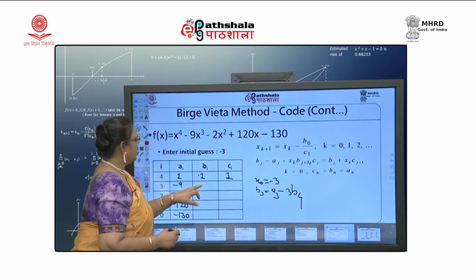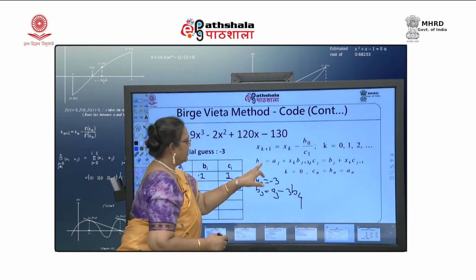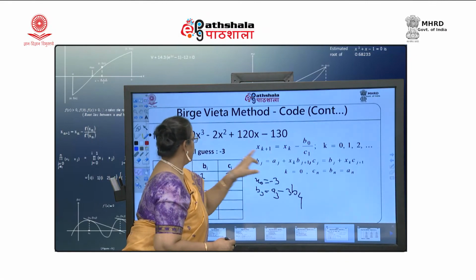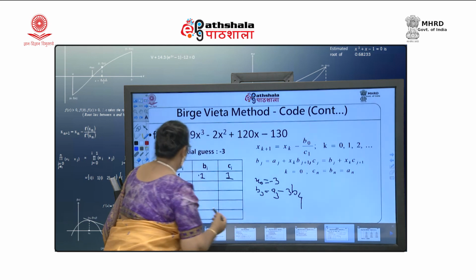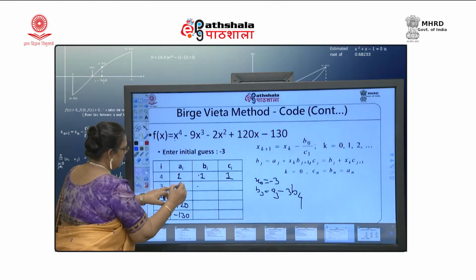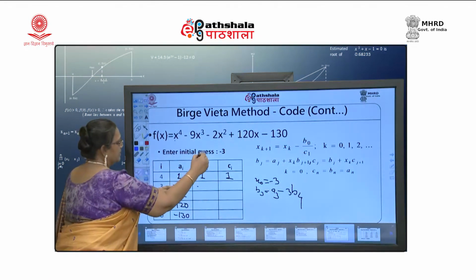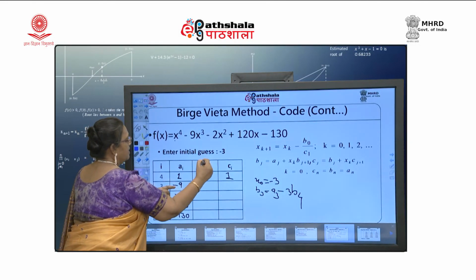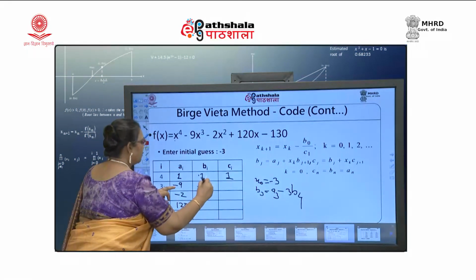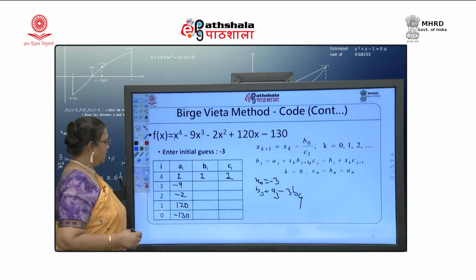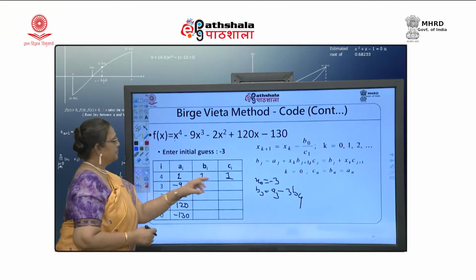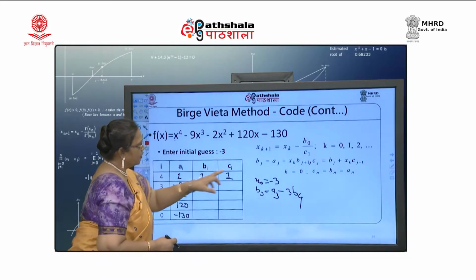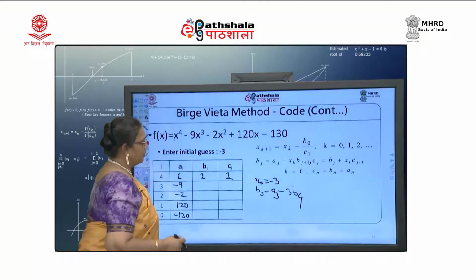So, the b3 formula is a3 plus minus 3 into b4. So, minus 9 plus 1 into minus 3, I get minus 12. We have filled in the values: b4 is the same as a4, and c4 is the same as a4, because bn is equal to cn equal to an.